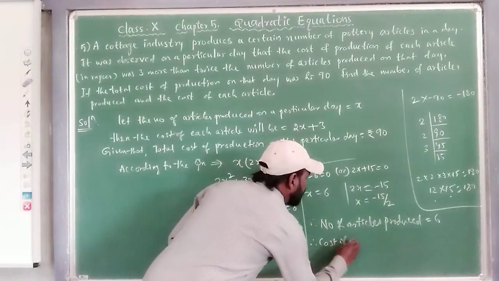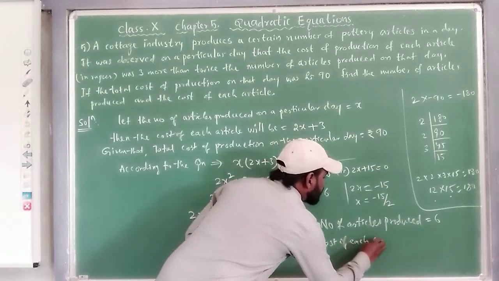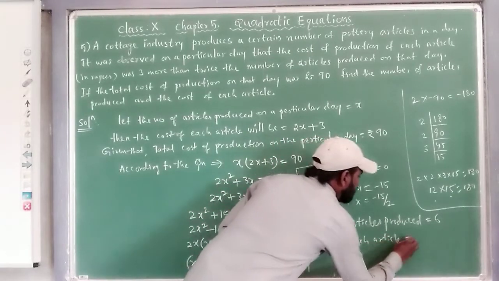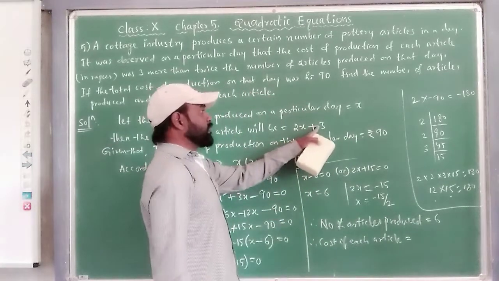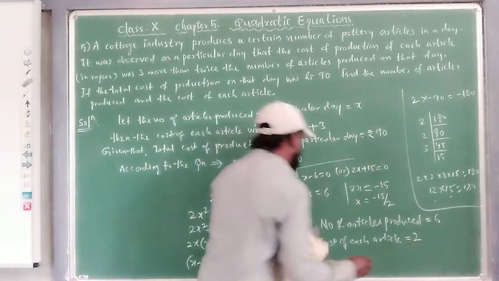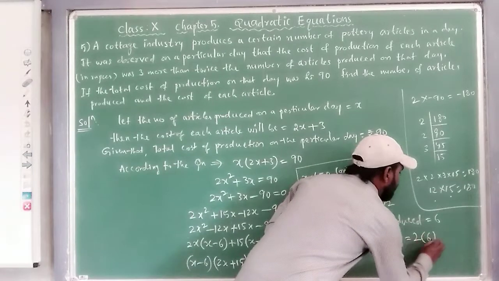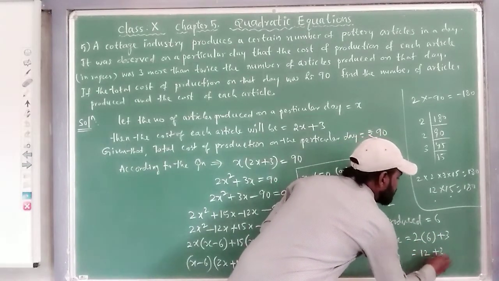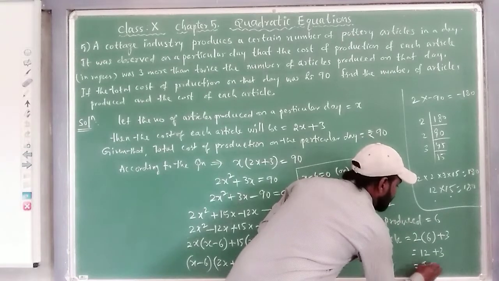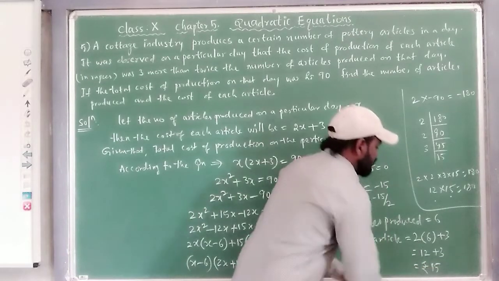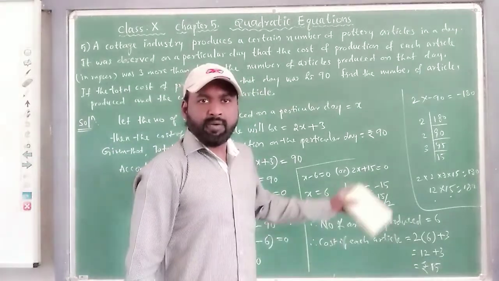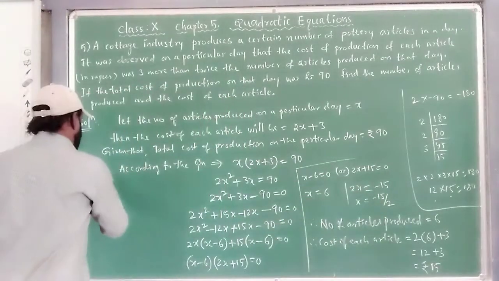The cost of each article will be how much? 2x plus 3. 2 into x means what? 2 into 6 is 12, plus 3. That is rupees 15. See this. So the cost of each article is 15. So we can verify whether our answer is right or wrong.